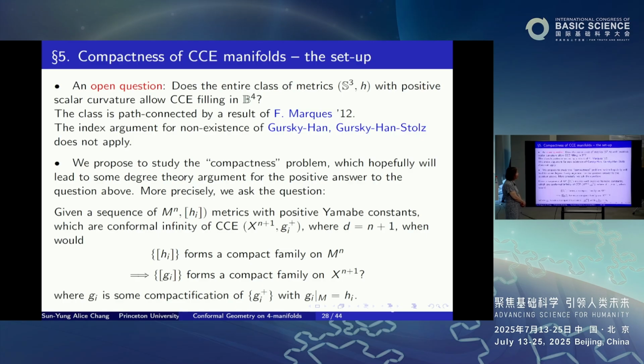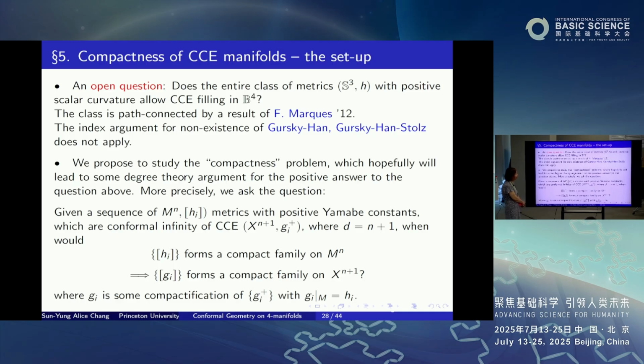But still, in view of this counterexample of Gursky, Han, and so on, one can ask, why do they work on S^7 and B^8? What happened in S^3? Okay. In S^3, it turns out on 4-manifolds, the space of positive scalar curvature metrics on S^3 is path connected by a result of Marques.